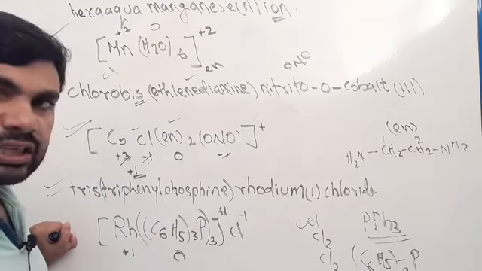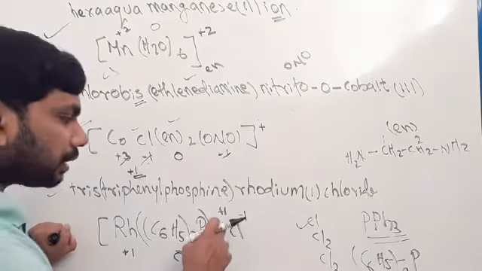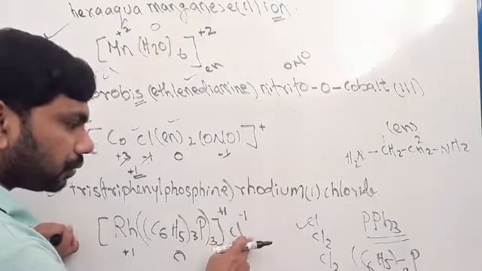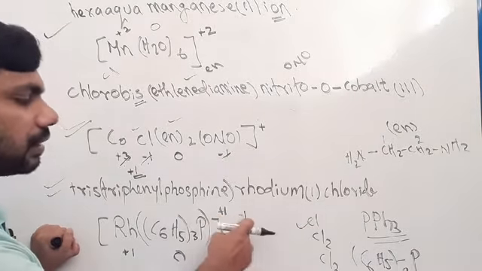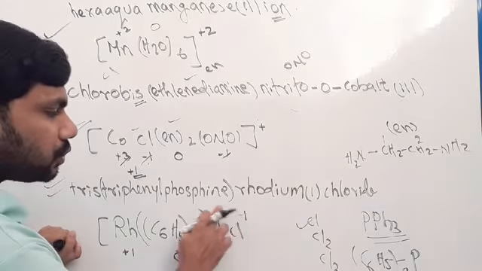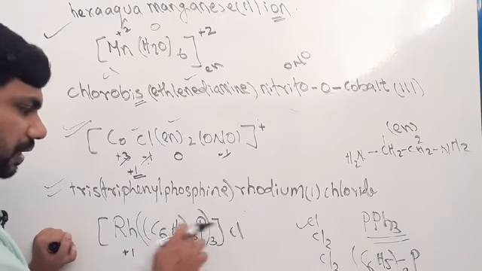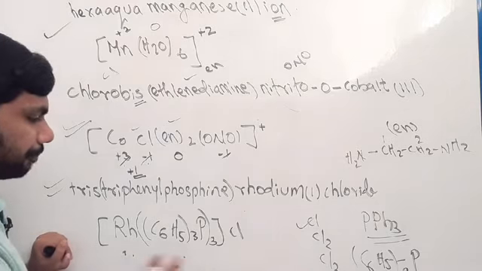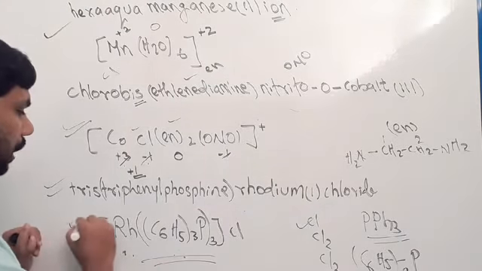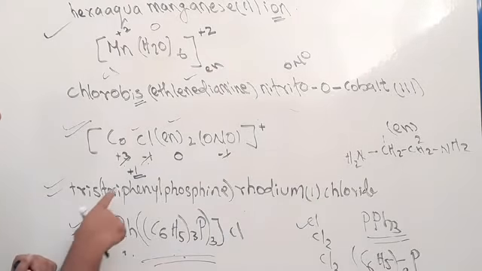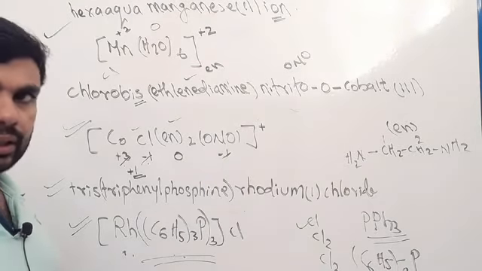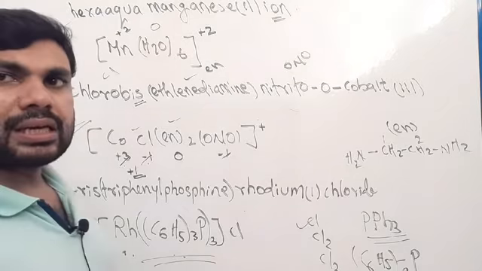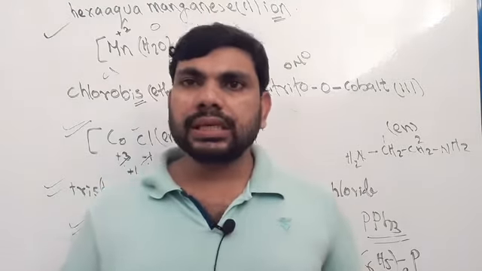Positive and negative parts cancel each other. Here +1, so there will be 1 chlorine. If it is +2, there will be 2 chlorine. If +3, there will be 3 chlorine. So this is the formula of tris triphenylphosphine rhodium 1 chloride. Clear?